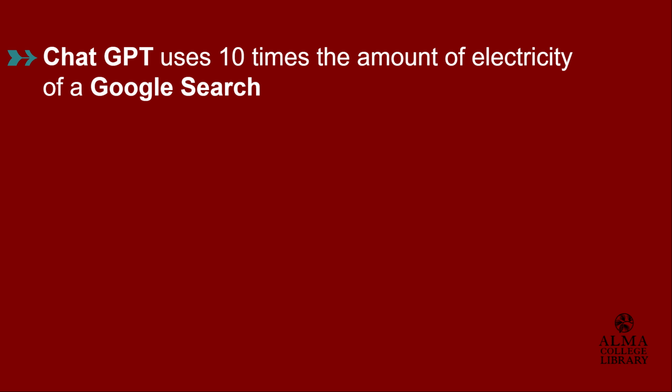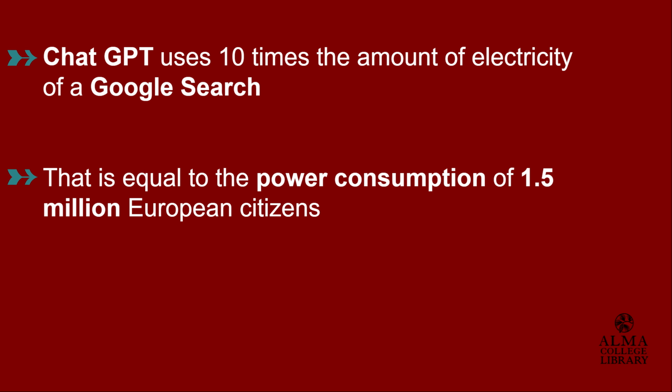Did you know that ChatGPT uses nearly 10 times more electricity than a single Google search? Over 1 year, that electricity would be the equivalent of the power consumption of 1.5 million European citizens.